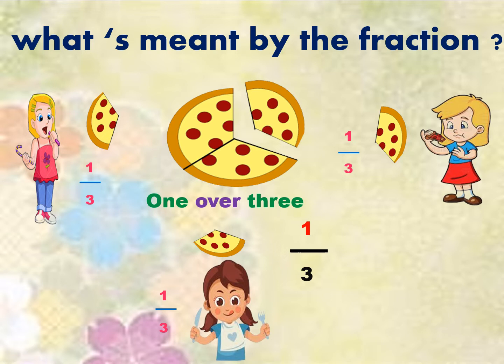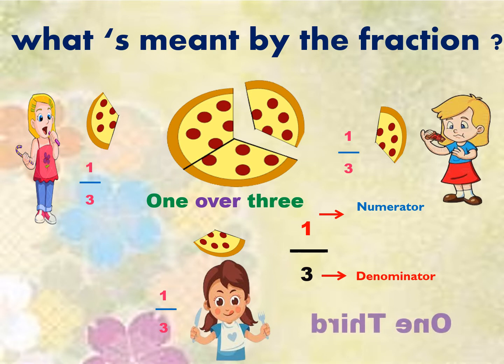Remember that 1 is called the numerator, and 3 is called the denominator. And we can also say 1 over 3 or one third.